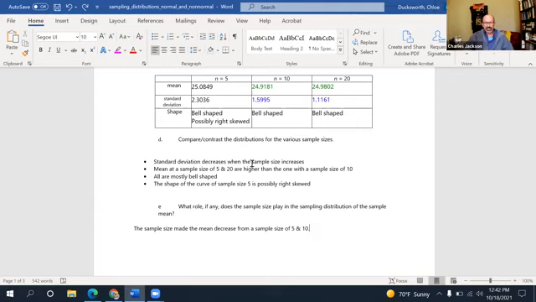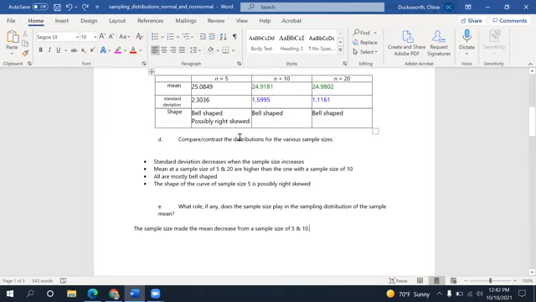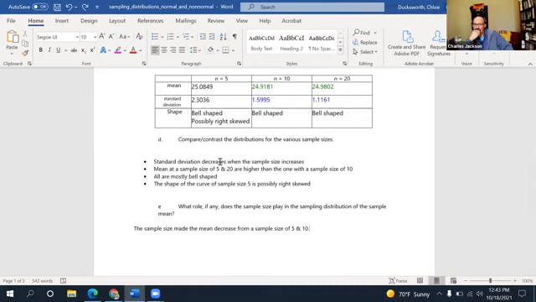Just thinking about that part E there. What about standard deviation? As the sample size increases, the standard deviation decreases. Yes.